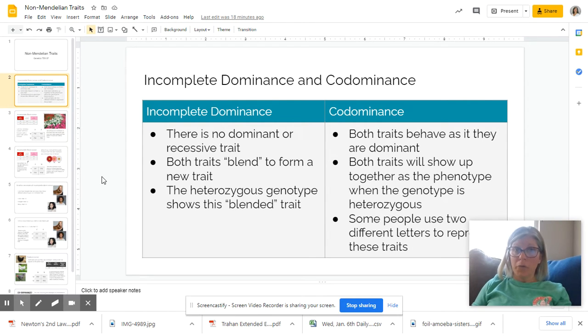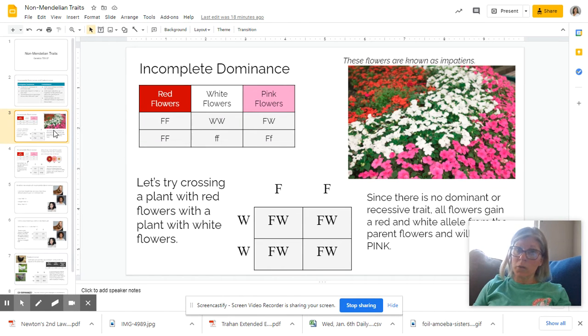So I'll start first with incomplete dominance, and we're going to use flowers to start. The flowers that you see here in this picture, we call these impatiens, but you can see this happen with a number of different flowers where you can have one flower color like red and another color like white blend together and actually form pink flowers.